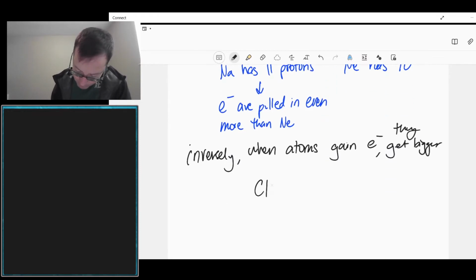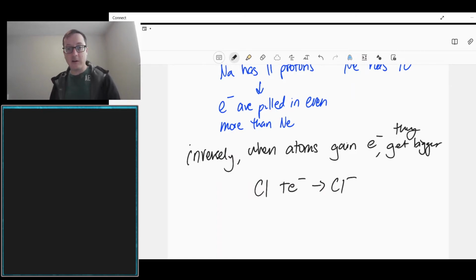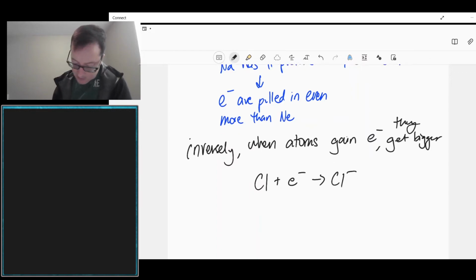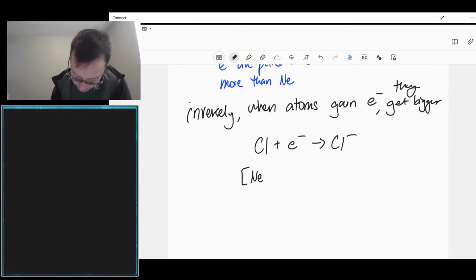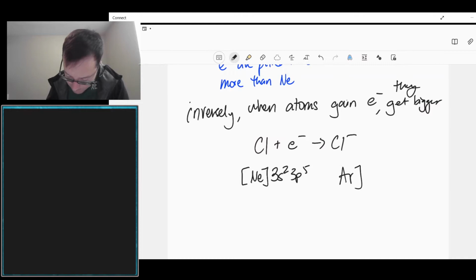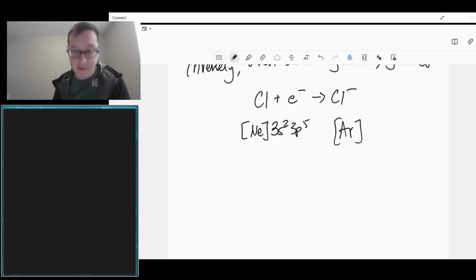So as chlorine becomes chloride, as it gains an electron, we're going from 3s2 3p5 to now being argon.